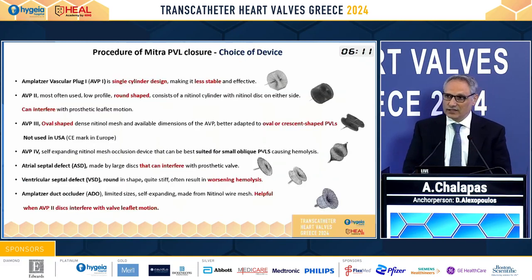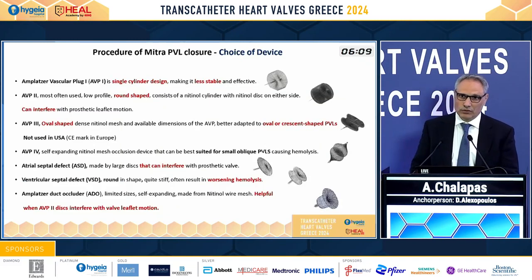And regarding the device that we can use, of course, up to now, there is no dedicated device. Most of these devices are made from nitinol. In the early years, we used the ASD and VSD devices, and lately we use more often the AVP2 for round-shaped defects, or the AVP3, which is better adapted for crescent-shaped defects.